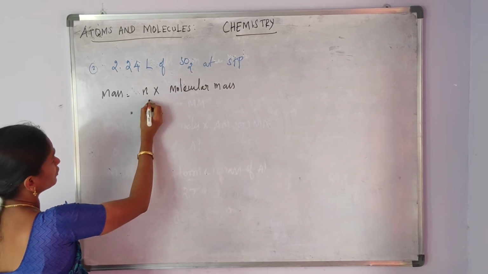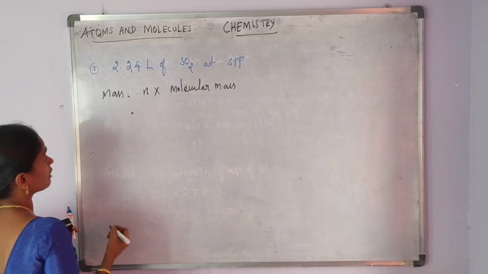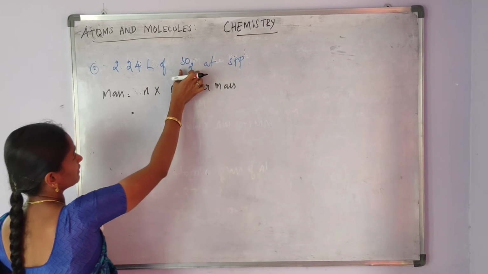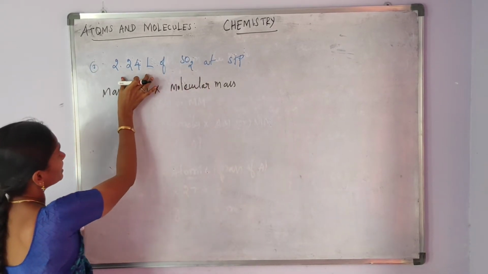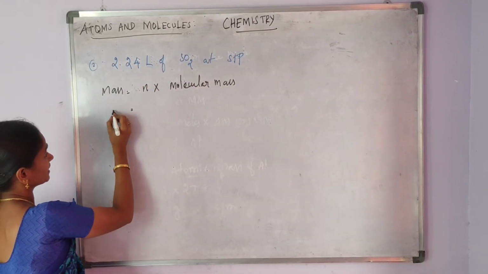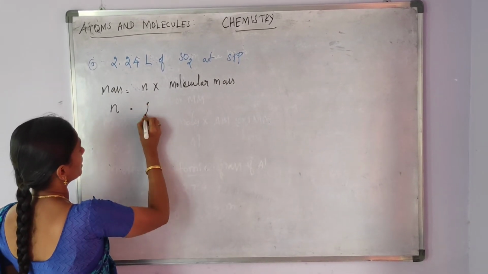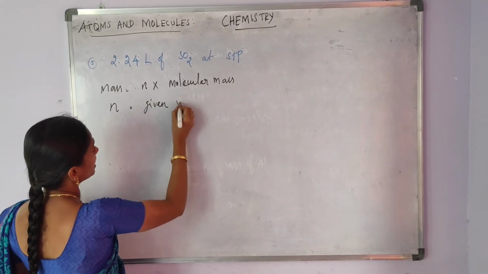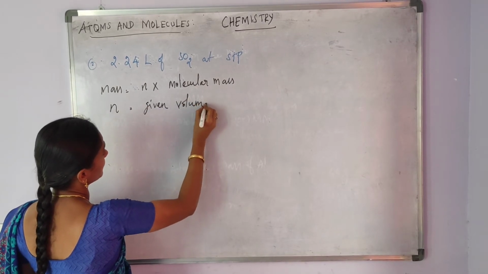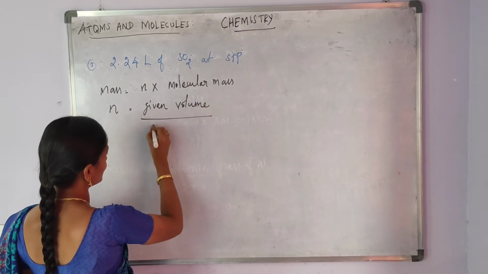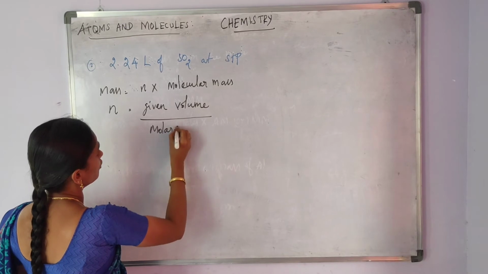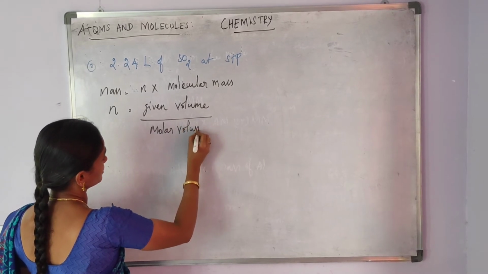So we want to find the number of moles. Sulfur dioxide, its volume is 2.24 liter. Now, I am finding the number of moles. The formula is given volume of the sulfur dioxide gas at STP divided by molar volume at STP.